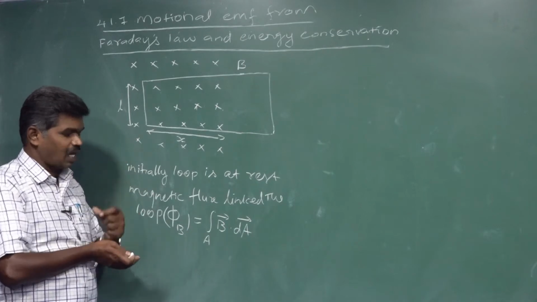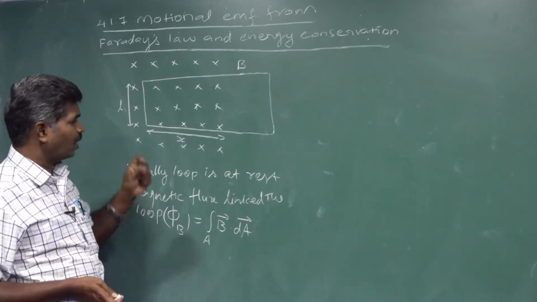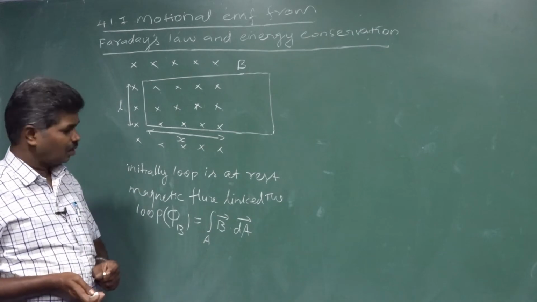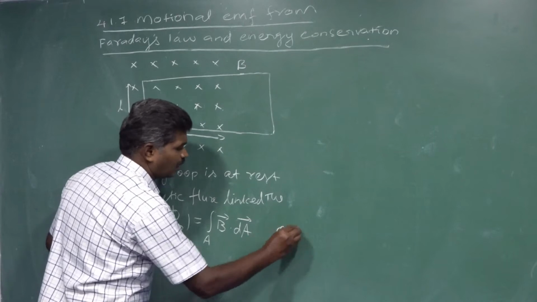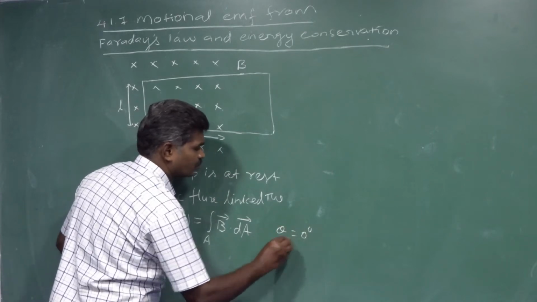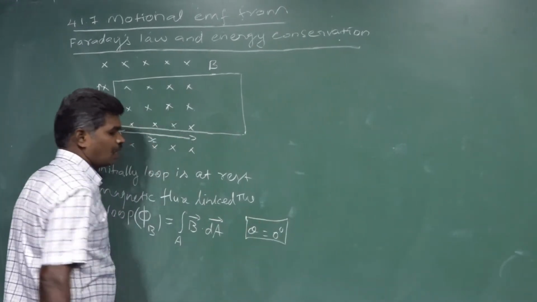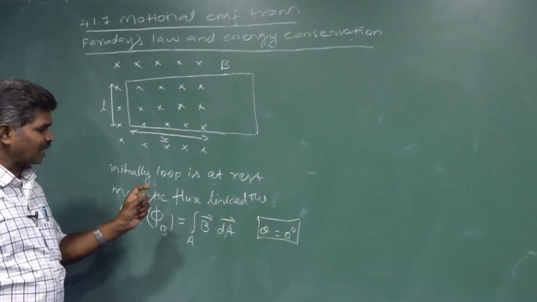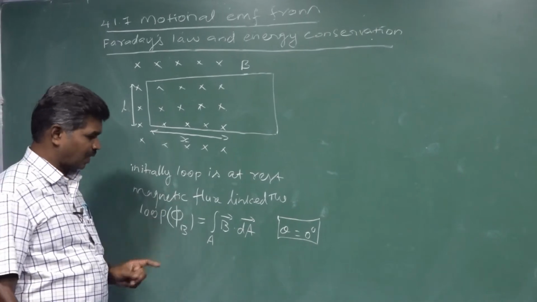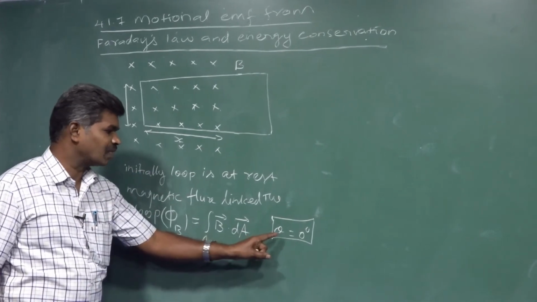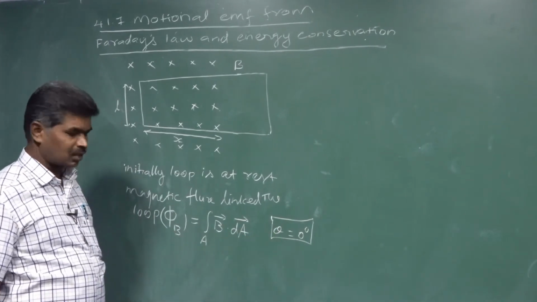Here, what is the angle between the magnetic field direction and the normal to the plane of the area? Theta is equal to 0. Theta is the angle between B vector and dA vector. The two act in the same direction, that's why theta is equal to 0 degrees.